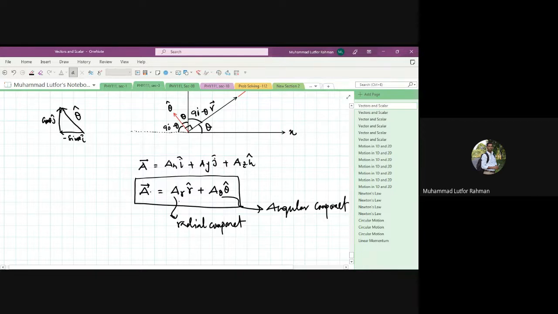So that's how we can represent a vector in polar coordinate system.